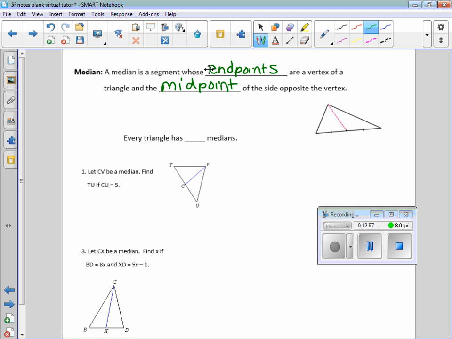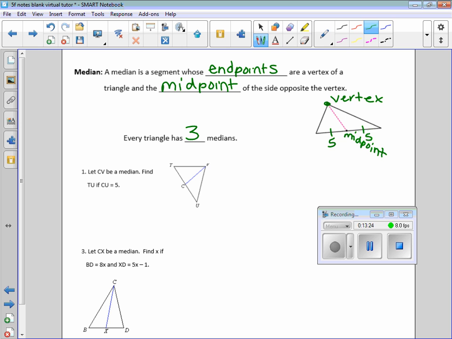So in looking at your figure, you have your vertex here, and this is your midpoint. So that makes this segment congruent to this segment. So if this side is 5, this side is also 5. Every triangle has 3 medians.